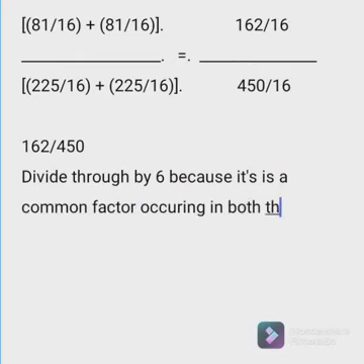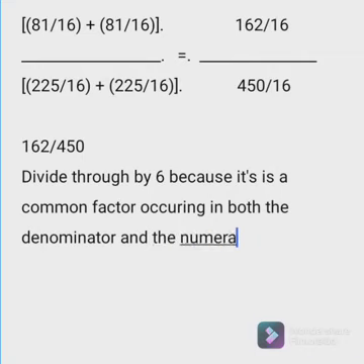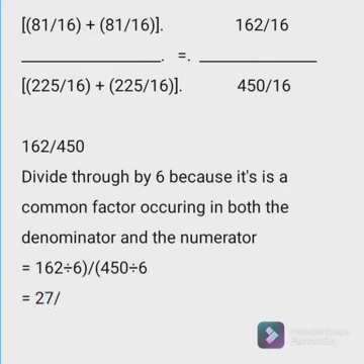So we'll divide through by 6 because it's one of the common factors for both the denominator and the numerator. So it will be equal to 162 divided by 6 all over 450 divided by 6, giving us 27 all over 75.